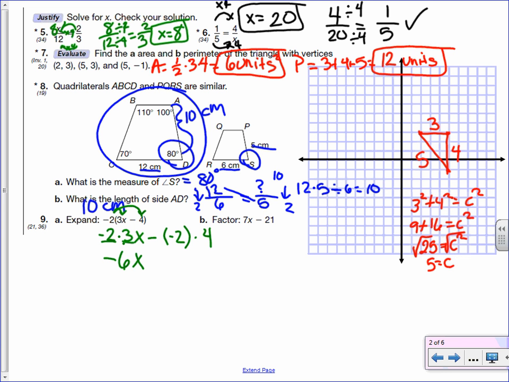And then negative 2 times positive 4 gives me negative 8. 2 times 4 is 8. And then it's negative because the signs are opposite. And when I subtract a negative, it's the same thing as adding the opposite. So I can say negative x plus the opposite of 8. Negative 8 is 8.